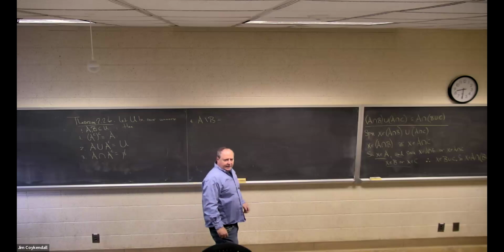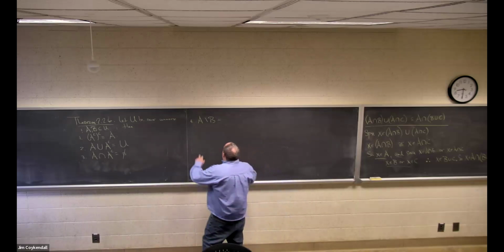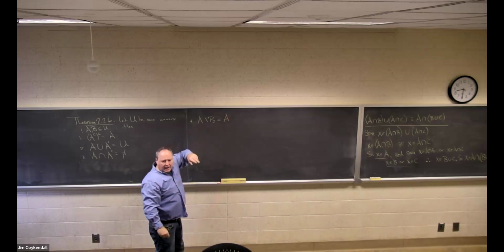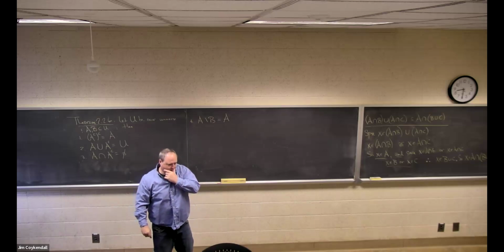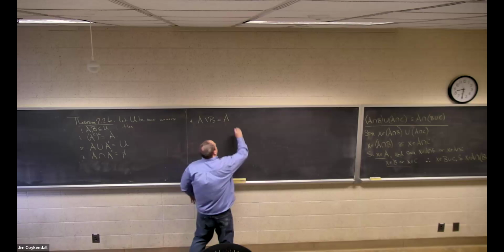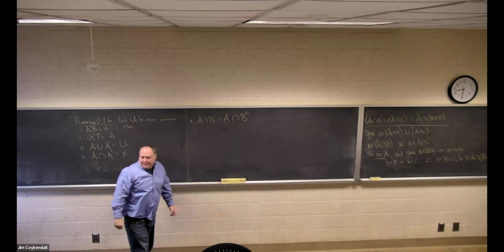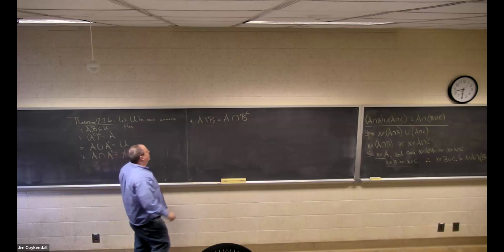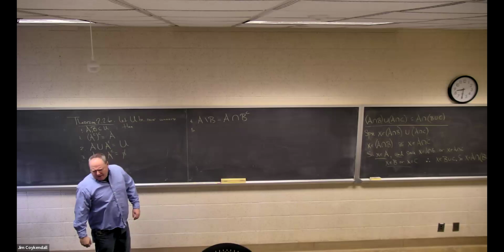You want everything to be in A, for sure, and you don't want it to be in B. A intersection with B's complement. Good. Sometimes it's actually useful to write it that way, because you can turn set minus into complements and intersections.